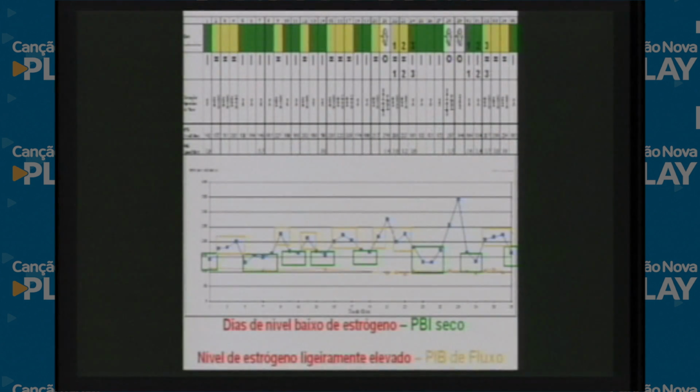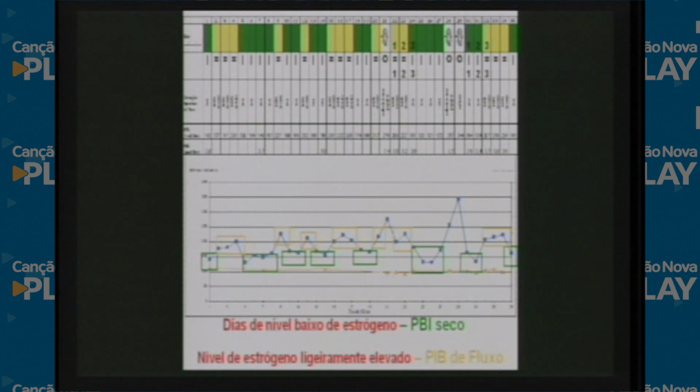But this chart of an actual woman with hormones taken every day is the laboratory proof of what we've been saying.